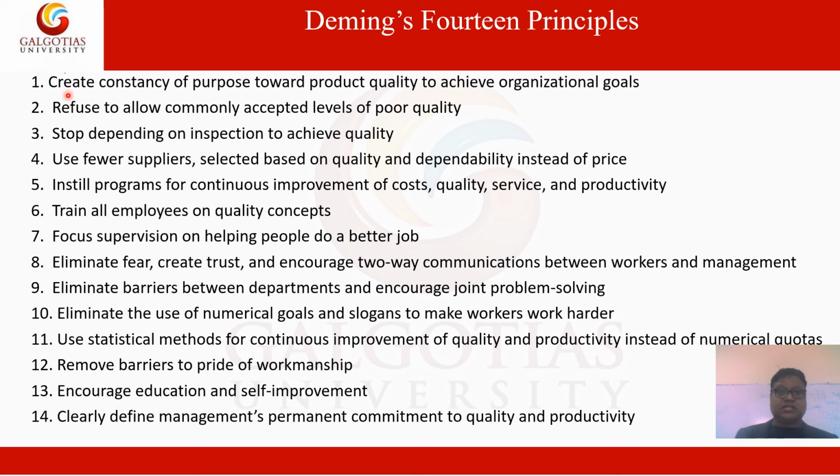That moves around creating constancy of purpose towards product quality, refusing to allow commonly accepted mistakes, stopping dependence on inspection every time to achieve quality, using fewer suppliers selected based on quality and dependability, instilling a program for continuous improvement, training all employees on quality concepts, and focusing supervision on helping people do a better job, because while doing so the individual can understand it. Eliminate fear and create trust.